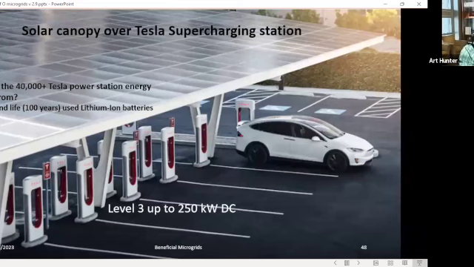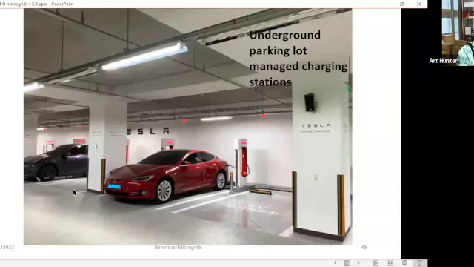And they do use Second Life lithium-ion batteries as a means to store energy for after hours, as it were, to charge other EVs. Underground parking lot for managed charging station.